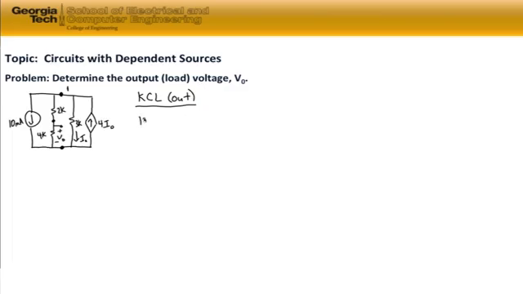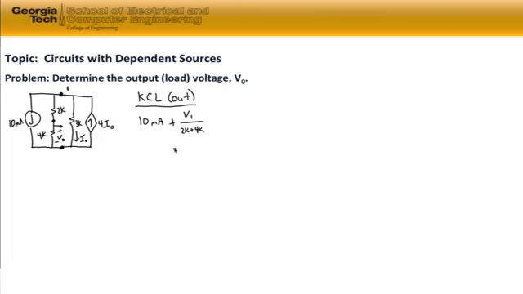So first of all, we know that we have 10 milliamps flowing out on the left-hand side of the circuit. We also have the voltage, which is across the 2 kilo ohm and the 4 kilo ohm resistances, that results in a current which is going to be V1, the nodal voltage associated with node 1, divided by the 2 kilo ohm plus the 4 kilo ohm resistance.